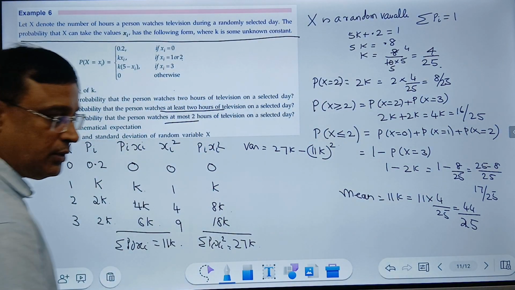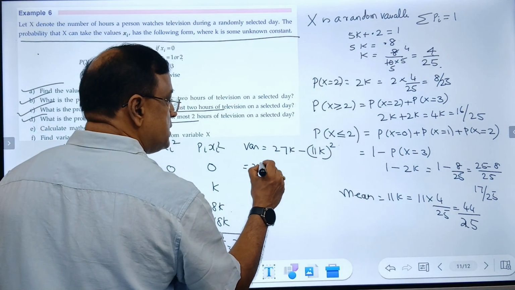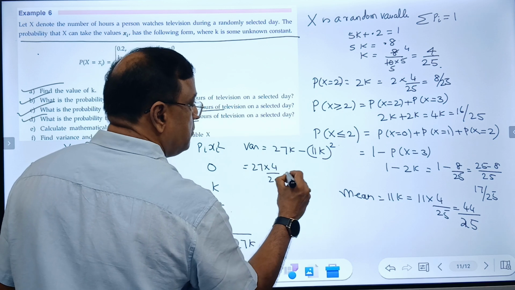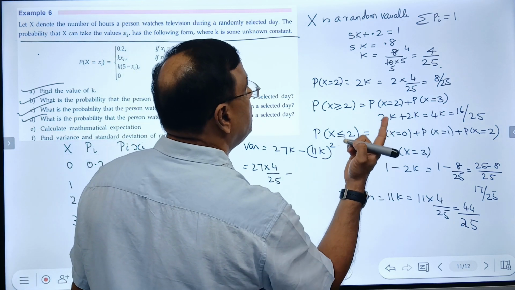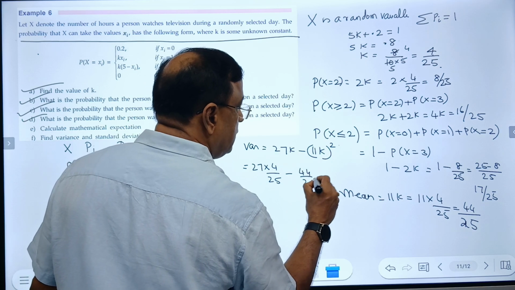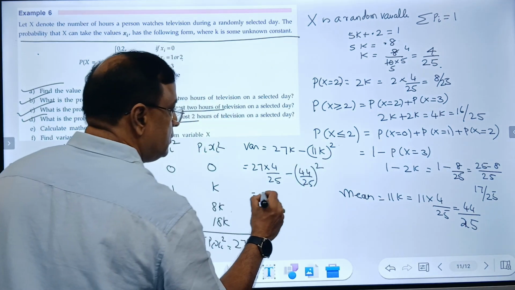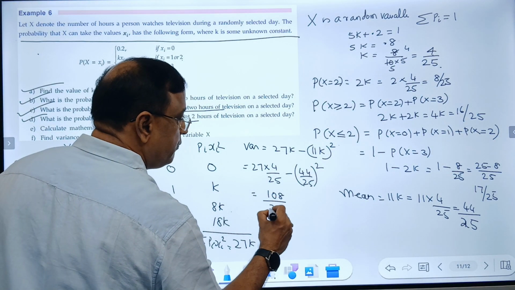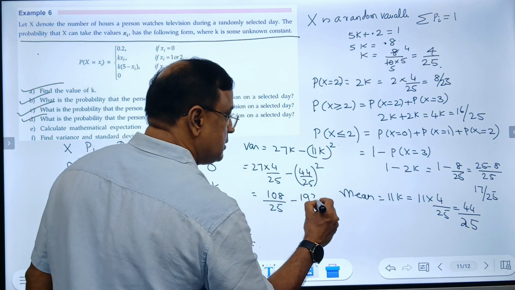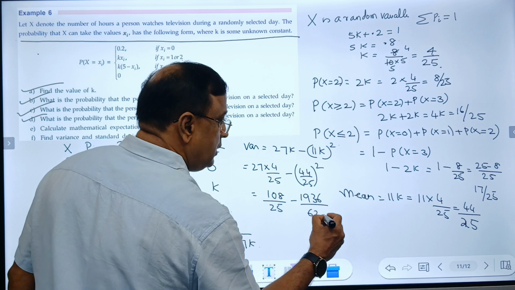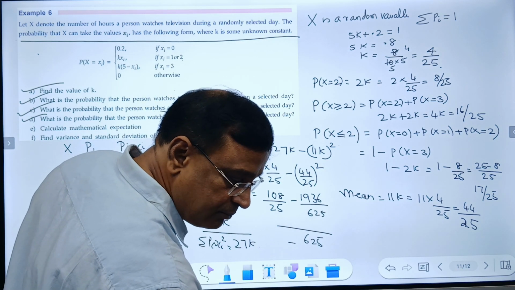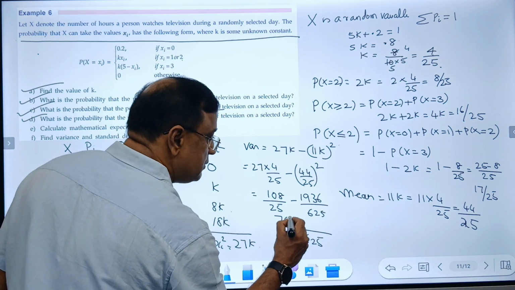Now in place of values you can substitute. 27 into k, which is 4 by 25, minus 11k, which I have already found as the mean, 44 by 25 the whole square. So this is 108 by 25 minus 44 square, which is 1936 by 625. LCM is 625. So the numerator I will get after simplification.